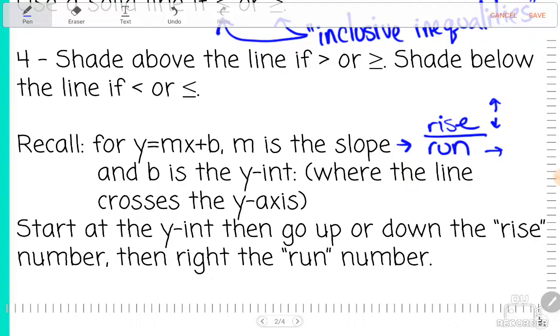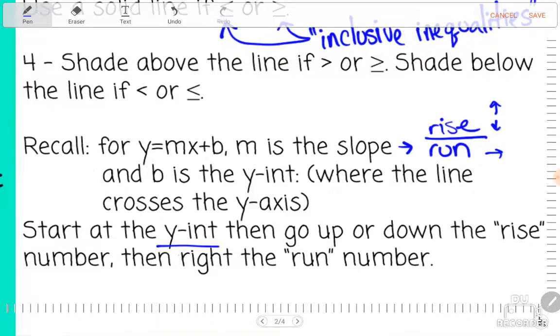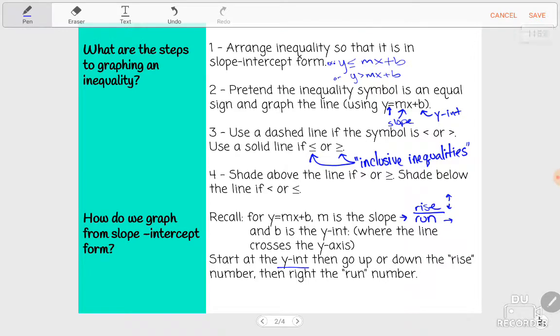B is the y-intercept, which is where the line crosses the y-axis, so that's the point that we start at. We start at the y-intercept, and then we go up or down whatever the rise is, and then to the right whatever the run number is. All right, so go ahead, copy whatever you missed here, and then move on to the next example.